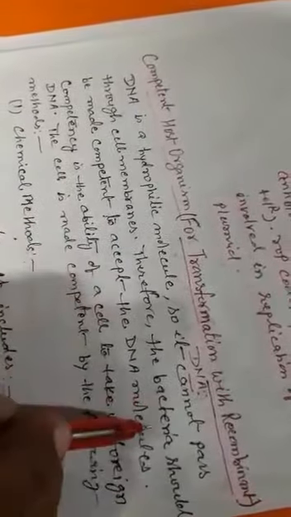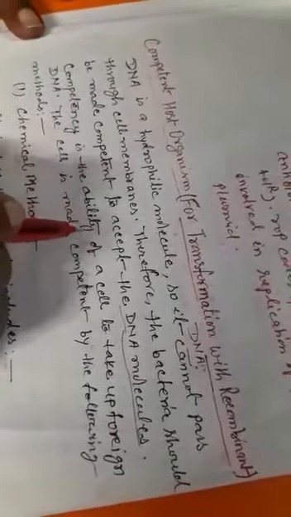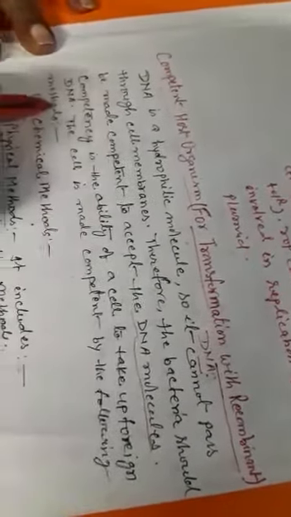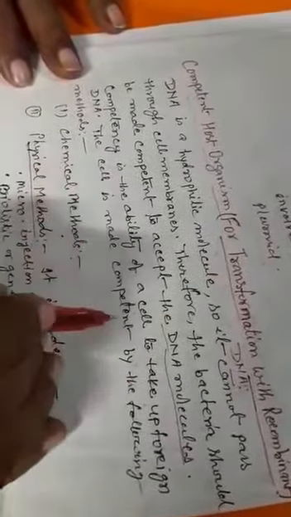Therefore, the bacteria should be made competent to accept the DNA molecules. Competency is the ability of a cell to take up foreign DNA. The cell is made competent by the following methods.